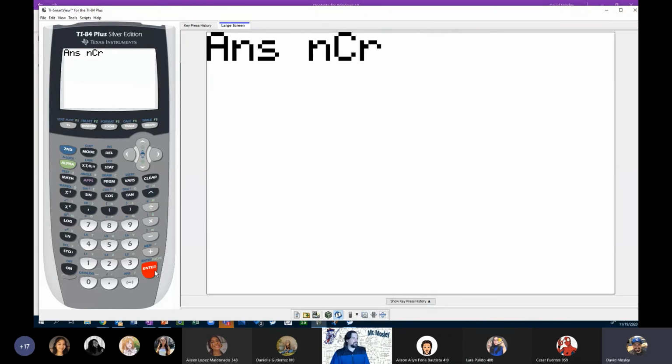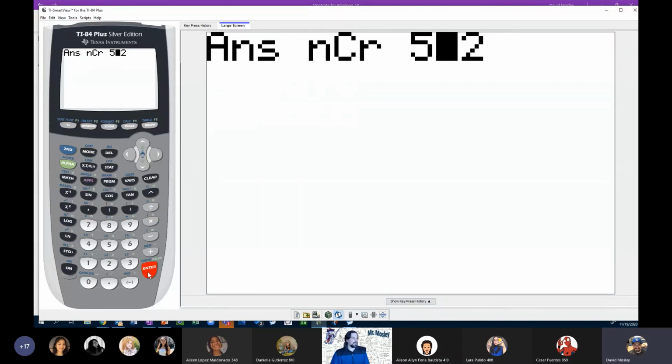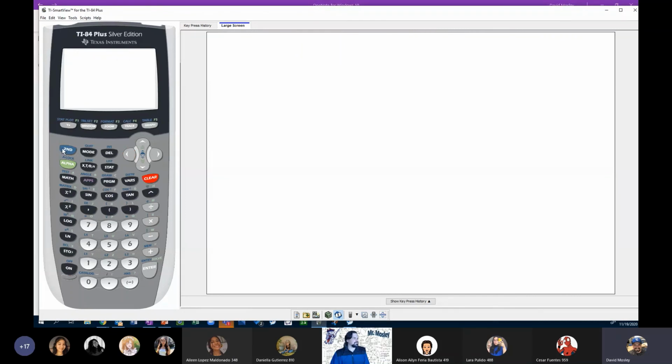All right, that didn't do what I wanted. I need to figure out how to use this. I know how to do it on a different calculator, that's the problem. I'll figure out how to use that later.